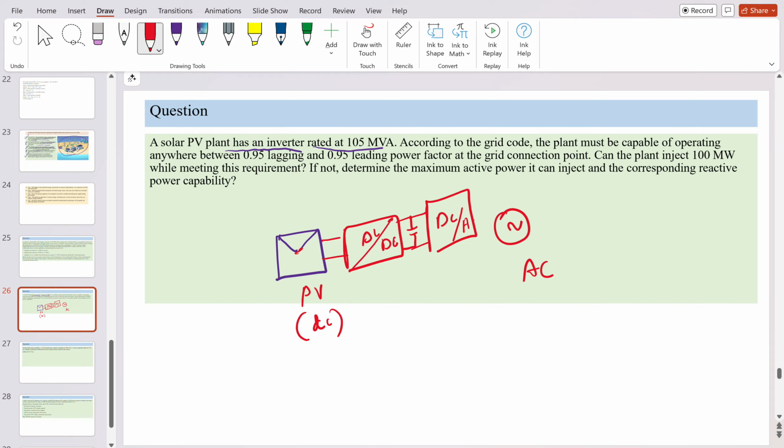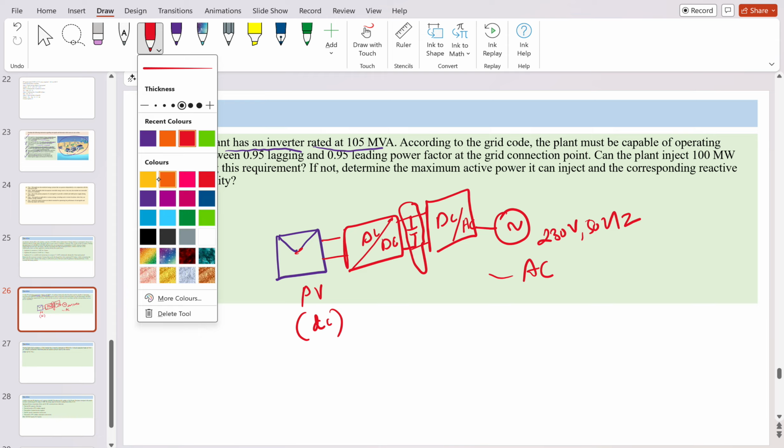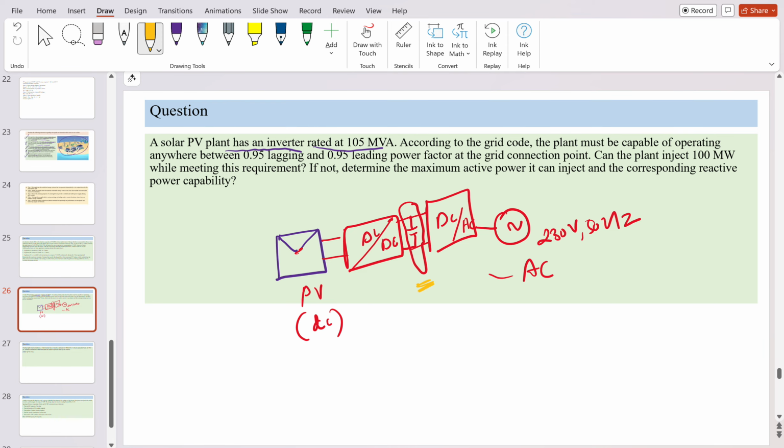You have to maintain a certain voltage to get the 230 volt and 50 hertz phase value supply. For that you have to maintain a certain voltage level here at the DC link. So this whole system is basically called a plant.